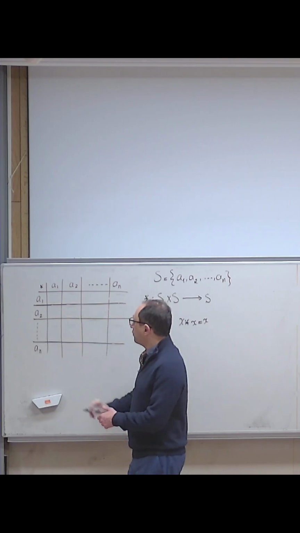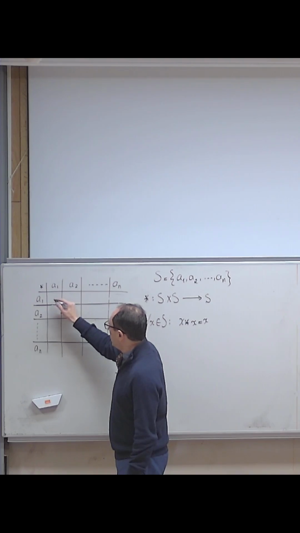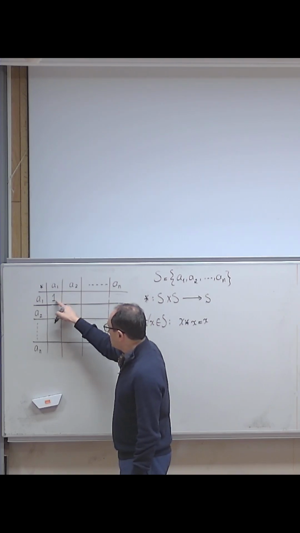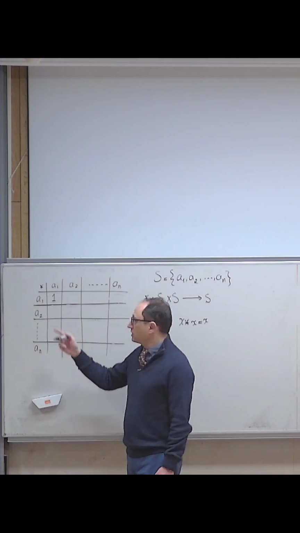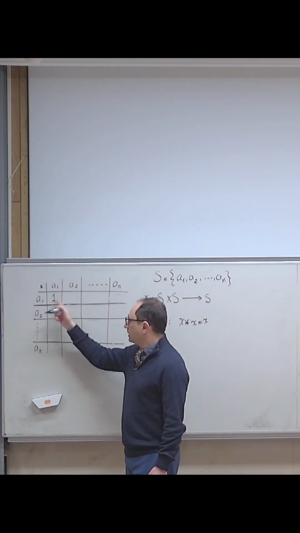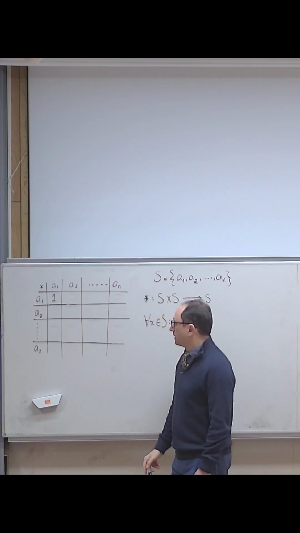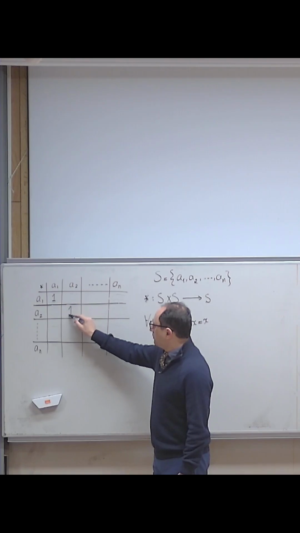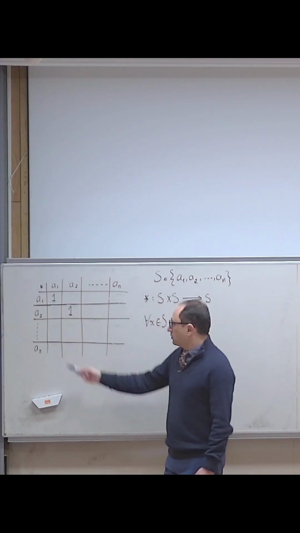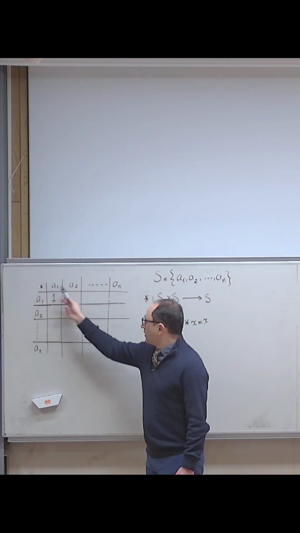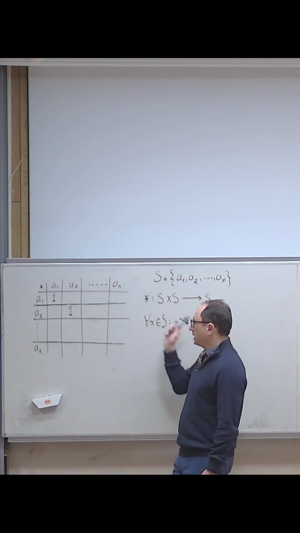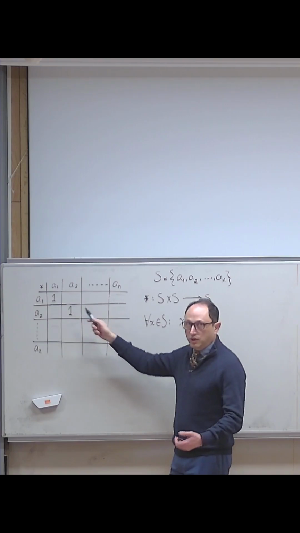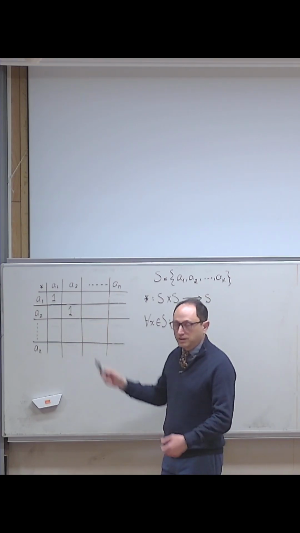So I have only one option to fill it up, and that is just a1. So this 1 means the number of options that is available to me when I want to fill up this square. With the same reasoning, there is only one option available for me to fill up this, because this is a2 star a2. According to the constraint, it should be a2. So I have only one option. I have to fill it up with a2.